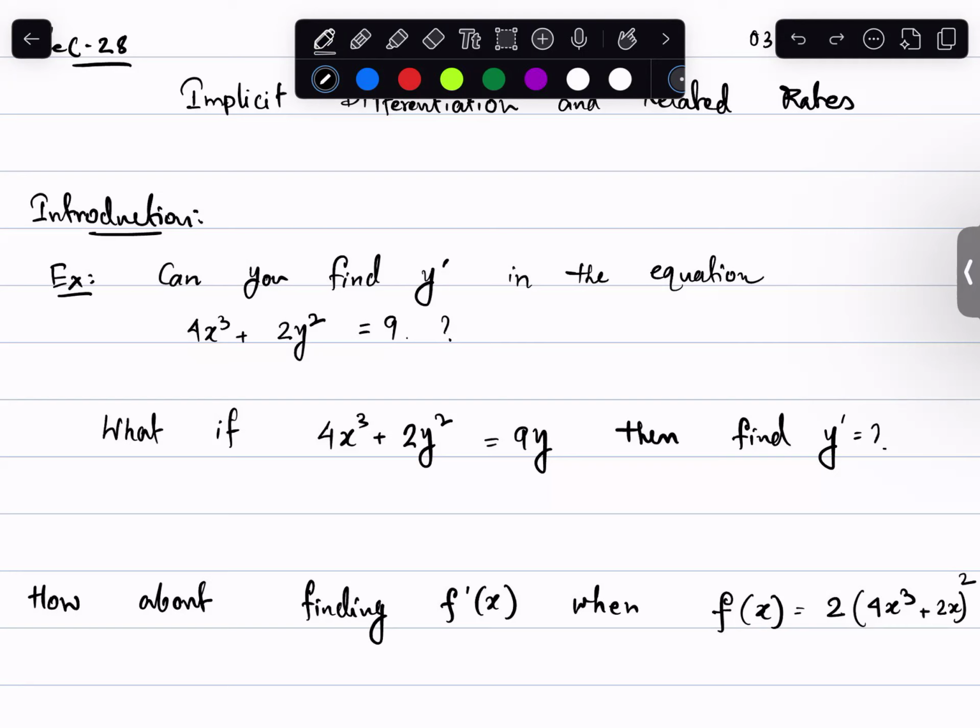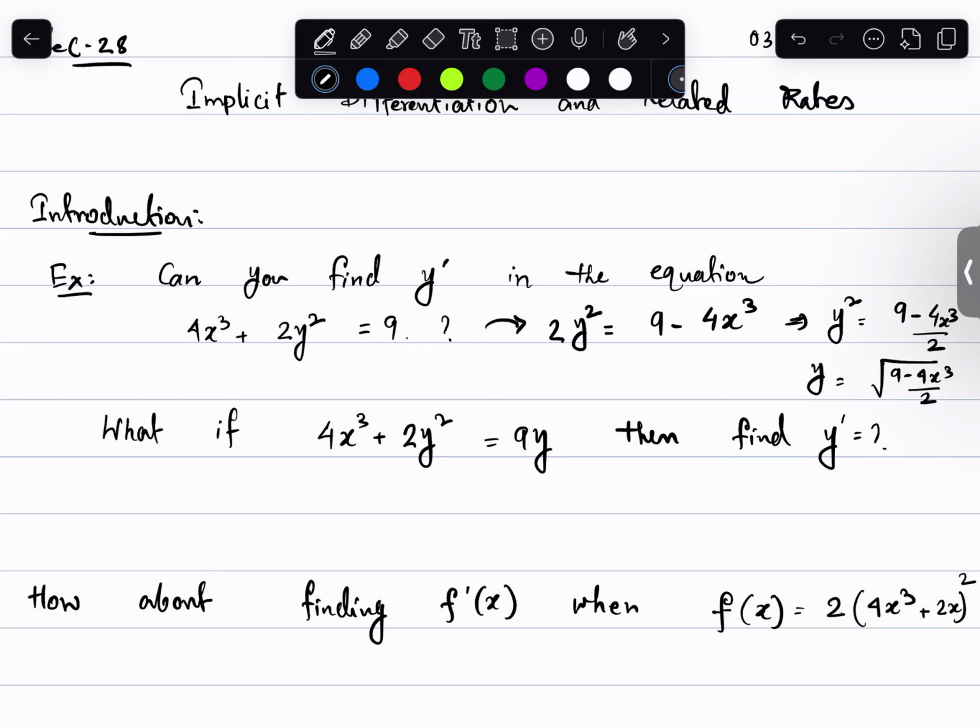This equation can be thought of as, oh sorry, I can write this as 2y squared equals 9 minus 4x to the third, and then y squared can be written as 9 minus 4x to the third over 2. So y becomes the square root of 9 minus 4x to the third over 2, right?